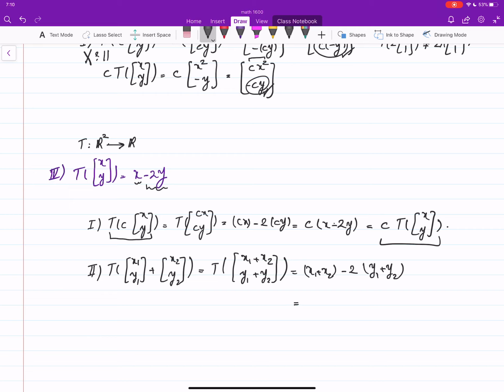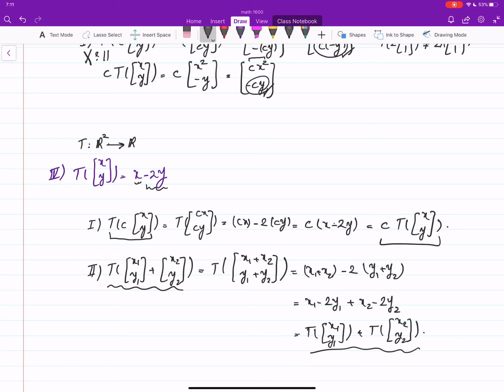But we can separate these things and write (x1 minus 2y1) plus (x2 minus 2y2). This is T of (x1, y1) plus T of (x2, y2). And this sends vector addition to vector addition. And that means that after checking these two conditions, yes, it is a linear transformation.